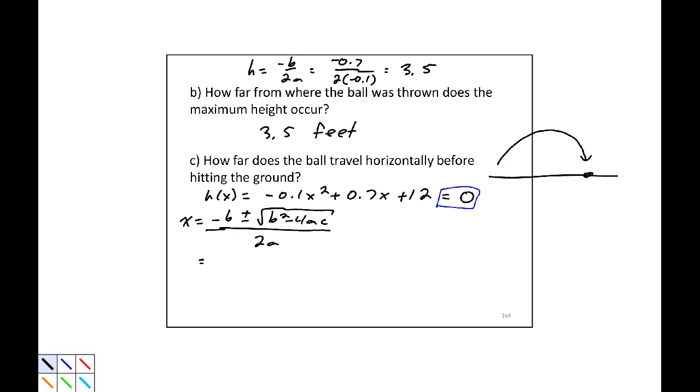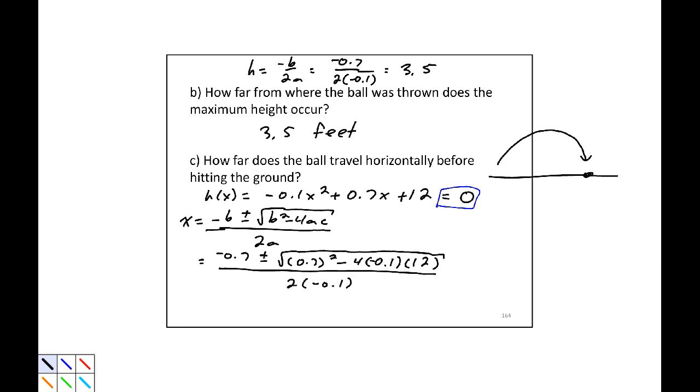Negative b would be negative 0.7 plus or minus the square root of 0.7 squared minus 4 times negative 0.1 times c, which is 12, divided by 2 times negative 0.1. I'm going to do this in the calculator.